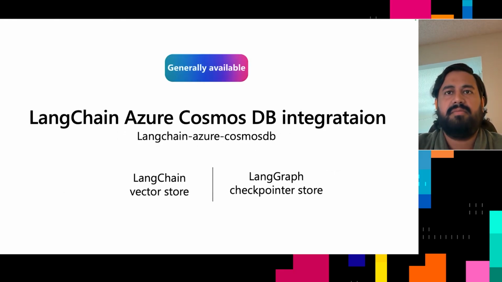It's an integration package that has all the Cosmos DB integration for LangChain and LangGraph that were used to build that multi-agent application. You can use the vector store integration from LangChain. If you want to do state checkpointing for your multi-agent application, you can use the LangGraph checkpointer store.